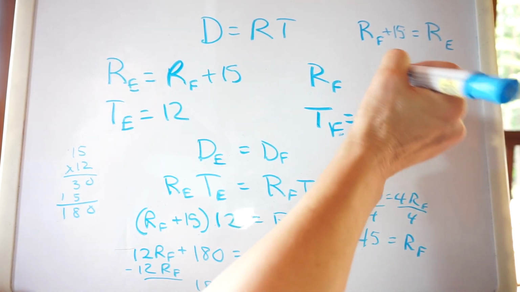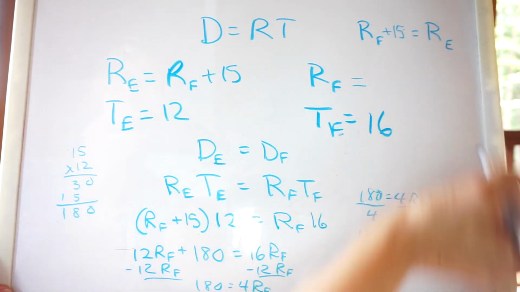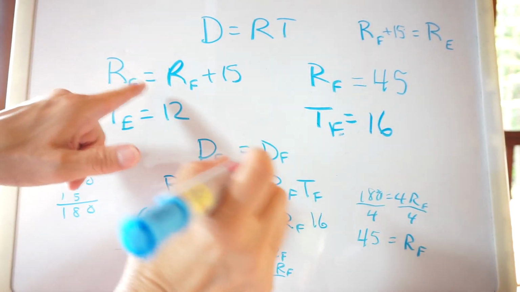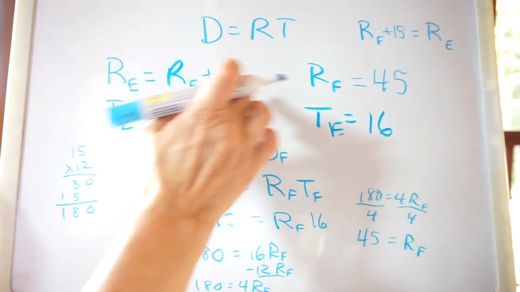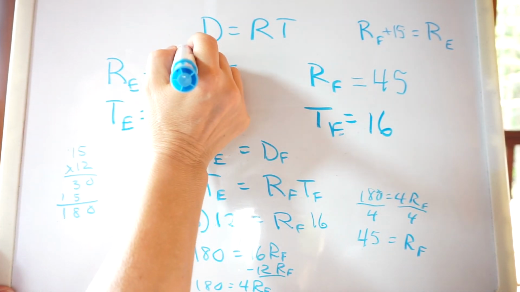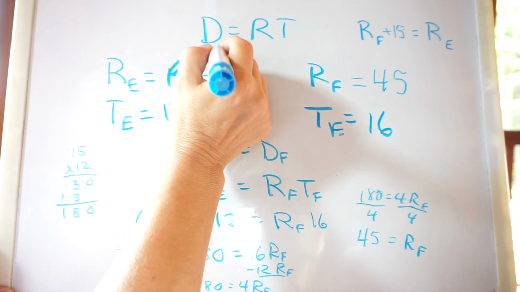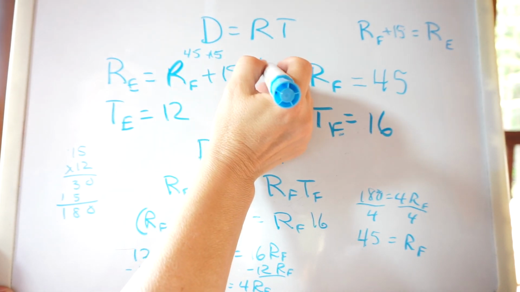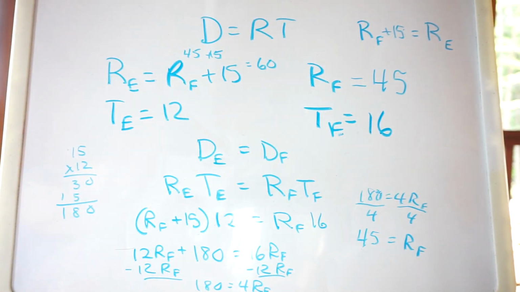So the rate of the freight train is 45 miles per hour. Now we can find the rate of the express train, which is RF, 45, plus 15, so that is equal to 60. And that's it for our first motion problem.